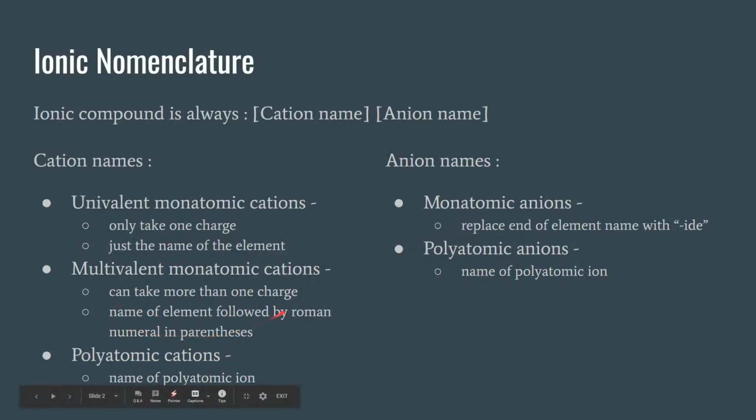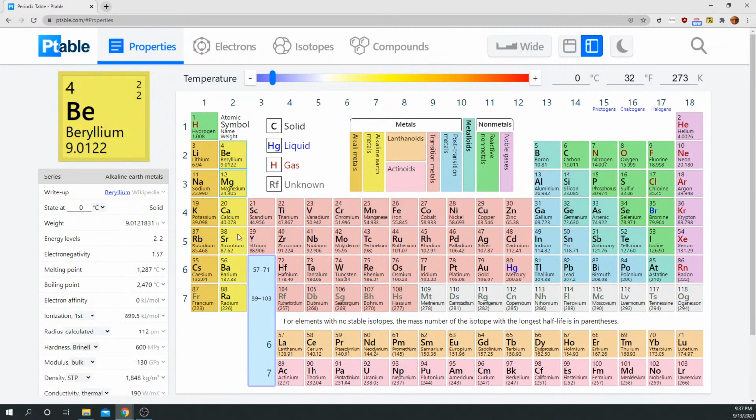The multivalent can make more than one kind of ion, so they're going to be a little bit more complicated. With the univalent ions, you just have to name the metal, and you know what charge that ion has. But with the multivalent metals, you can't know what the charge is just by naming the metal, so you also have to indicate what the charge is.